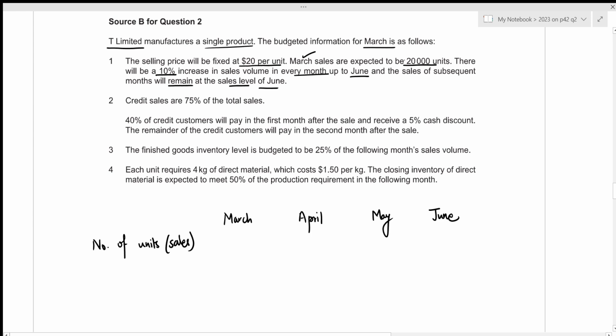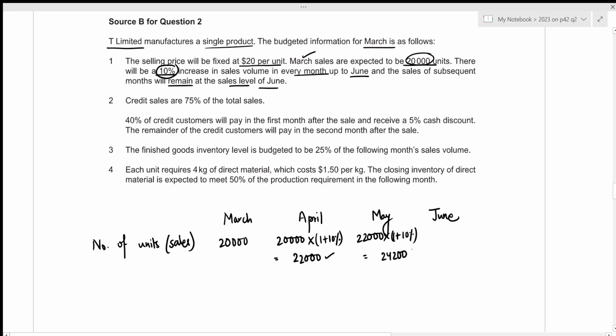And for the month of March, it's given to be 20,000. And we need to increase it by 10% in every month. So for the month of April, that is just going to be 20,000 times 1 plus 10%. This will result in the value of 22,000. We then repeat the same process for May, but now we have to increase this amount by 10%. So that will be 22,000 times 1 plus 10%, which results in 24,200.